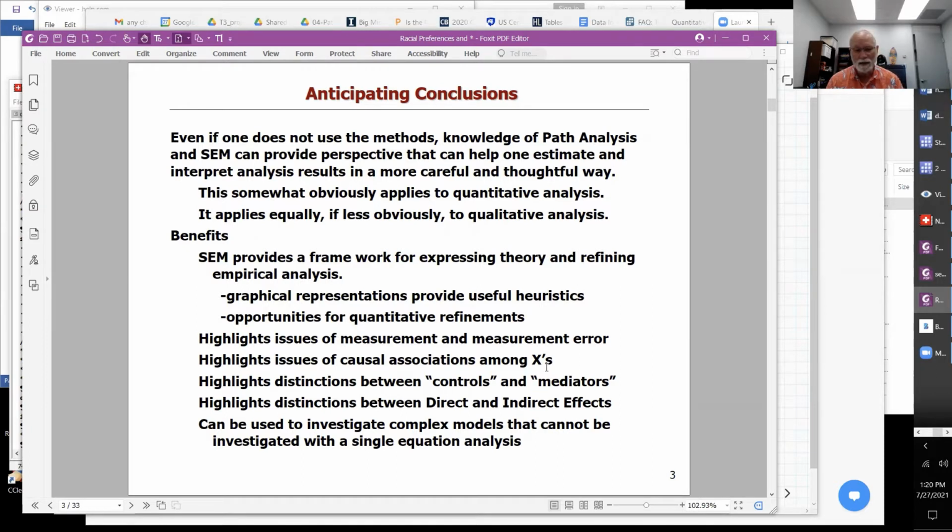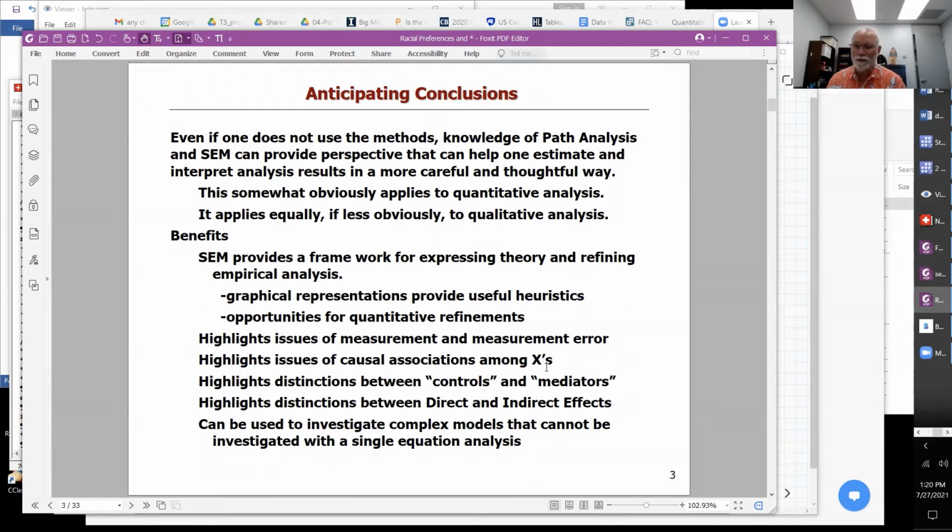So relating to that is the next point, the distinction between control variables and mediating variables, or controls and mediators. The reason that distinction is important is that a control variable must be included if it's important, so that you can see the true effect of some independent variable of primary interest.